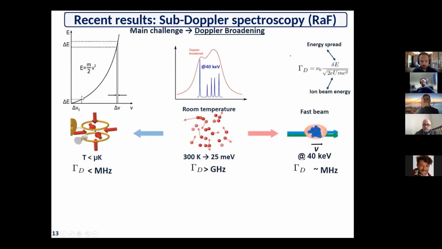But the good news for us is that you can have the same energy spread, but if you give energy to the system at higher energies, the same energy spread corresponds to a very narrow velocity spread, right? So the Doppler width scales inversely with the kinetic energy of the ion, and you can put numbers: with just a few keV, like 40 keV, the Doppler width will be of the order of megahertz.